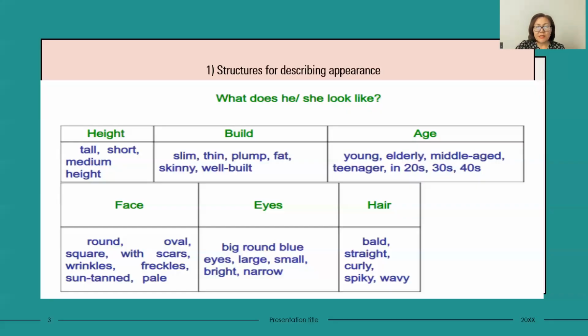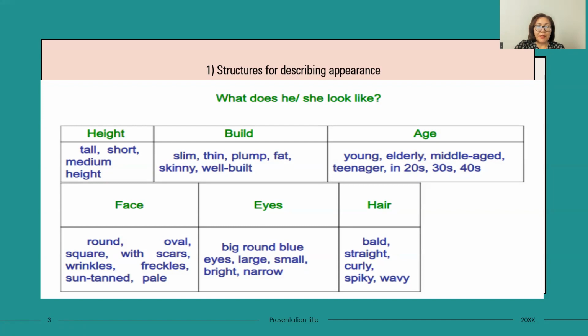So in this slide, you can see the question, what does he or she look like? It means that you need to describe the appearance of the person if you hear this question. And you can see the list of useful and helpful adjectives to describe the personality and appearance of the person.